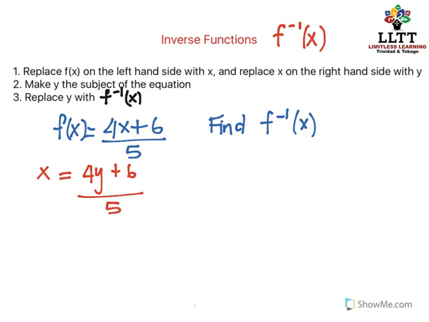And now I need to make y the subject, which is y on one side and everything else on the other side. Now, because I have a fraction on my right-hand side, I always want to get rid of the fraction, or basically get rid of the denominator. So since 5 is in the denominator, I'm going to multiply both sides by 5. So 5 times x will be 5x.